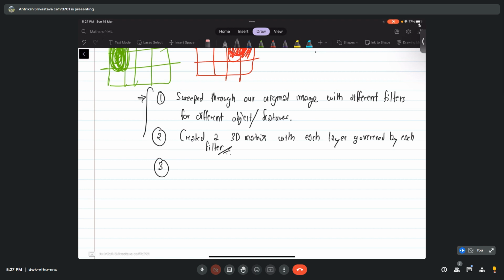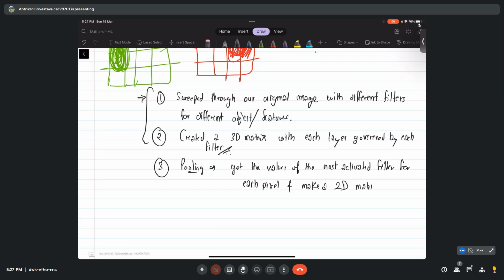So this was your convolution. Now this is pooling. Get the maximum, or the most activated pixel or filter for each pixel, and make a 2D matrix.